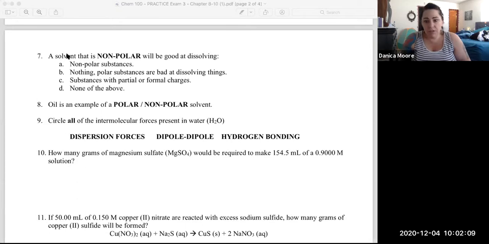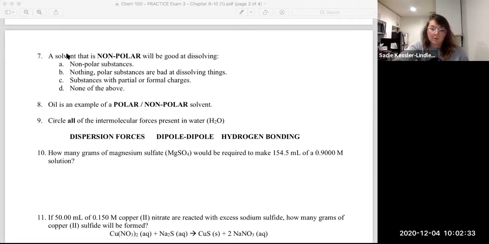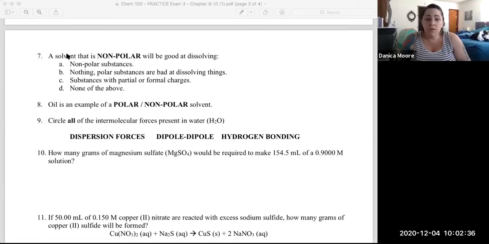When you get into liquids, right, we talk about different liquids and how they mix. So when we're talking about solutions, we say that polar solvents like to mix with other polar compounds, right? Oil is an example of a polar or non-polar? Non-polar, right? So would something like sodium chloride dissolve in oil? I'm gonna say no. No, right?